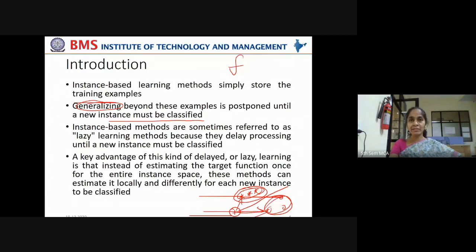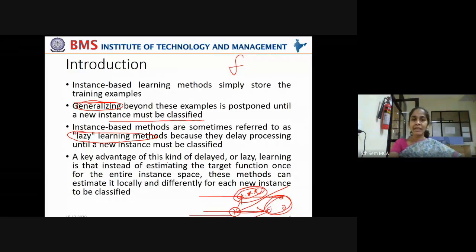Then in the later phase, when a new data instance is given to be classified, it will wake up, then start comparing its features with the existing training examples' features and classify it accordingly. That is why, because the processing is kept pending to the last stage, they are called lazy learning algorithms. Whereas the algorithms we have learned so far till the fourth module, we can generally call eager learning algorithms.